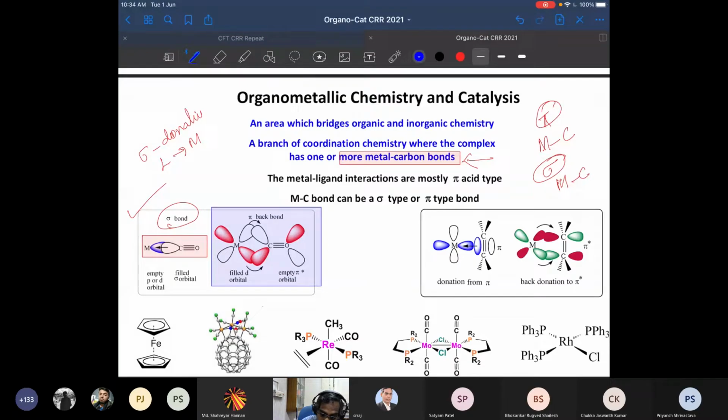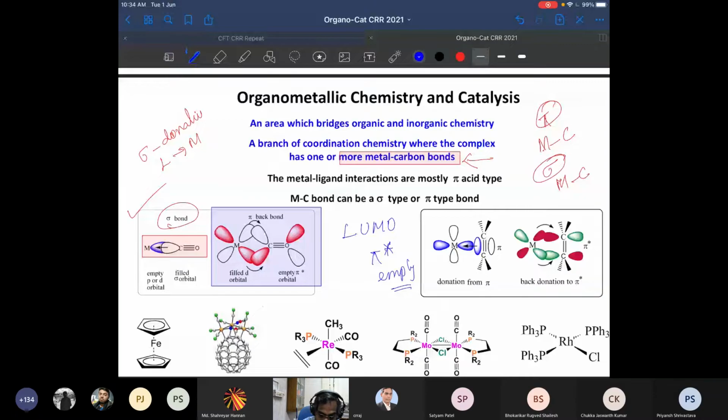That is the lowest unoccupied molecular orbital, a pi star orbital, right, which is empty. The empty pi star orbital overlaps with the filled d orbital of the metal.